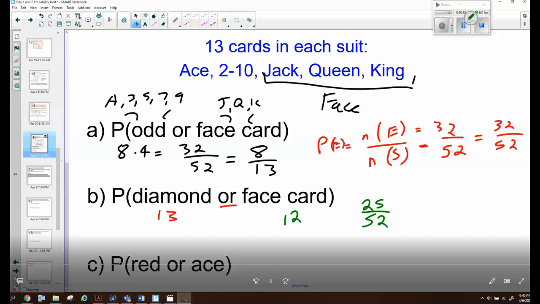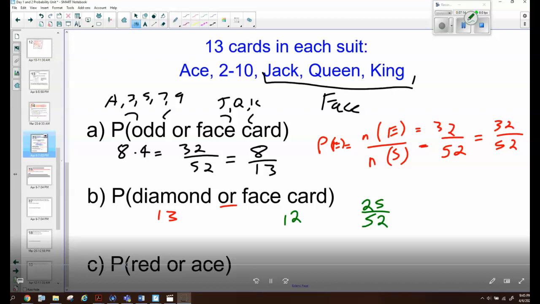You see, we've double counted some things, and that's all on you. I can't give you a hard and fast rule for this. It's on you to be able to handle this kind of double counting. So you see, there are some cards that are both diamond and face cards. Specifically, the diamond face cards: the Jack of Diamonds, the Queen of Diamonds, and the King of Diamonds. We've got 3.